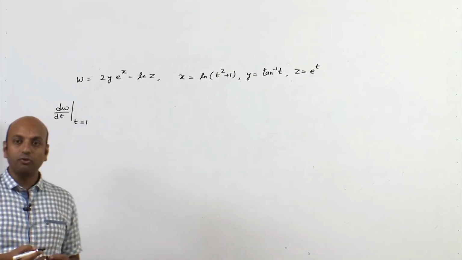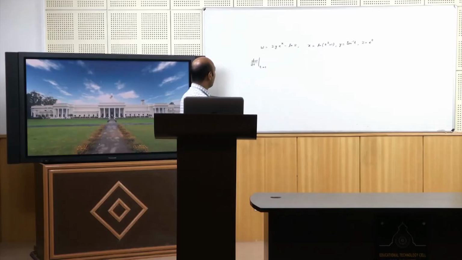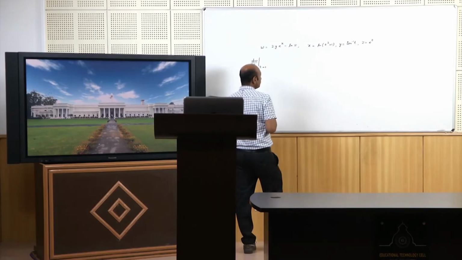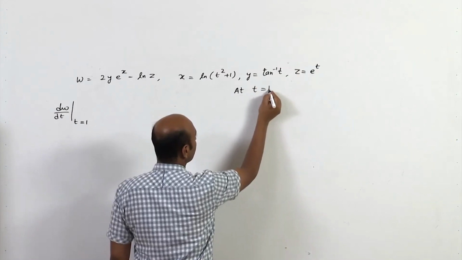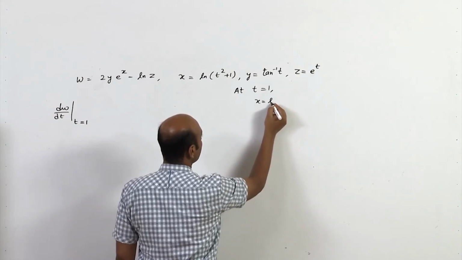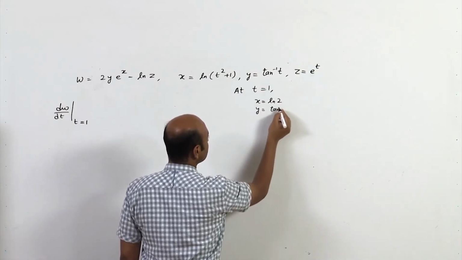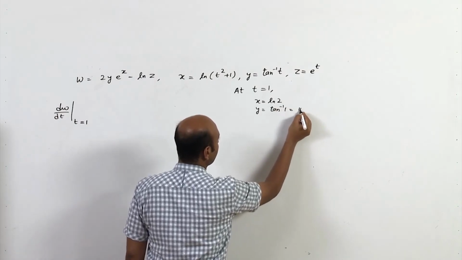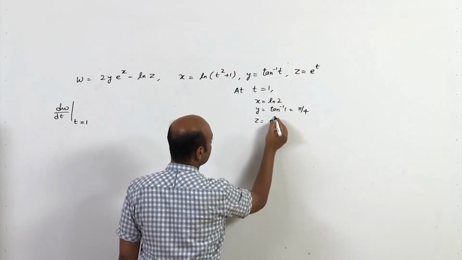This we want to find out in the first problem. How can we compute this? Now, at t equal to 1, x is ln 2, y is tan inverse 1, which is pi by 4, and z is e raised to power 1, that is e.